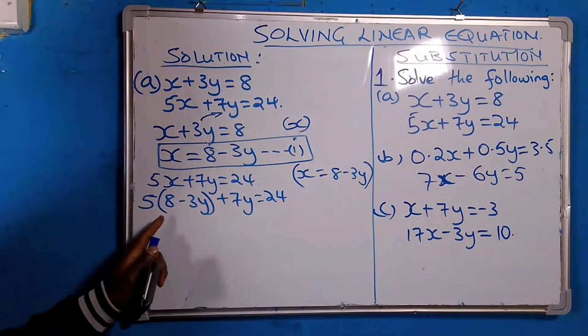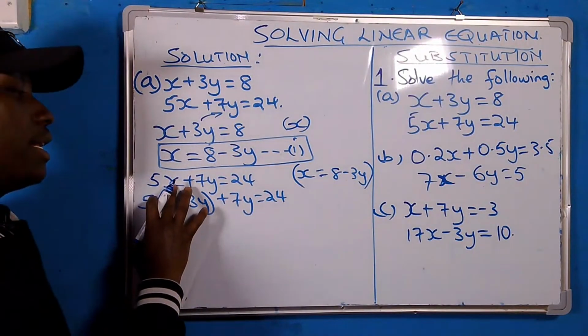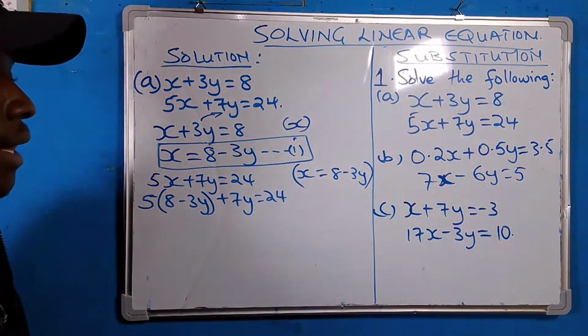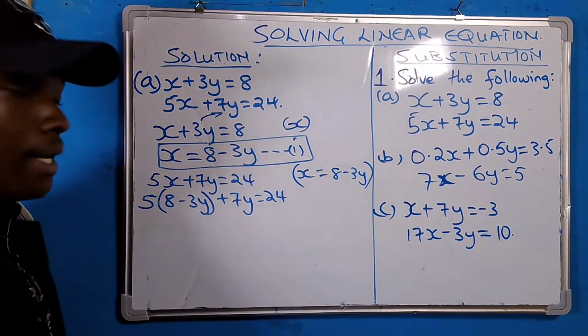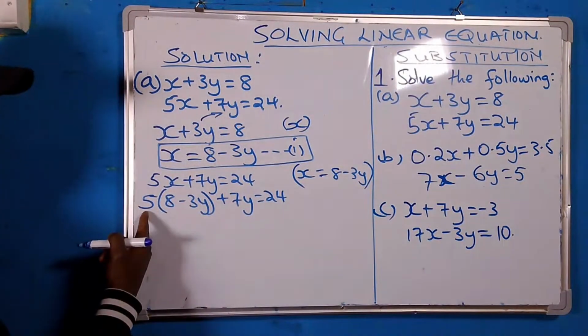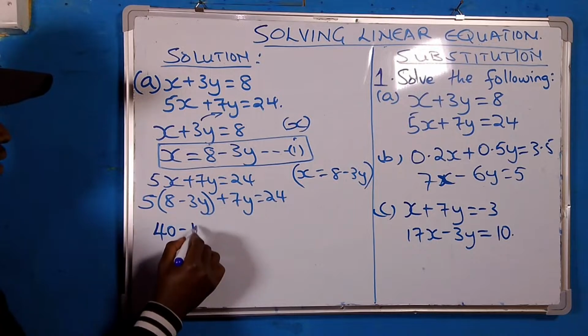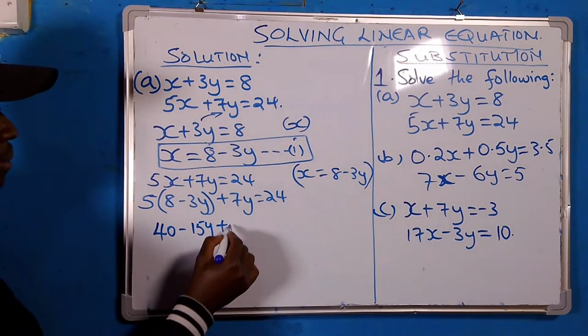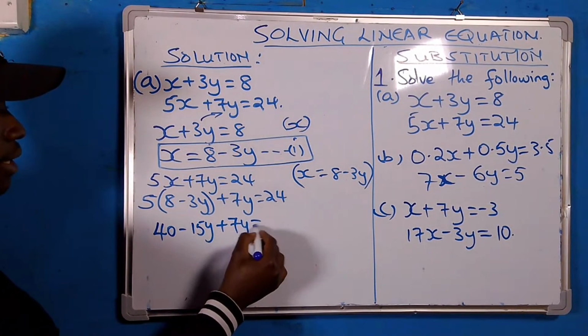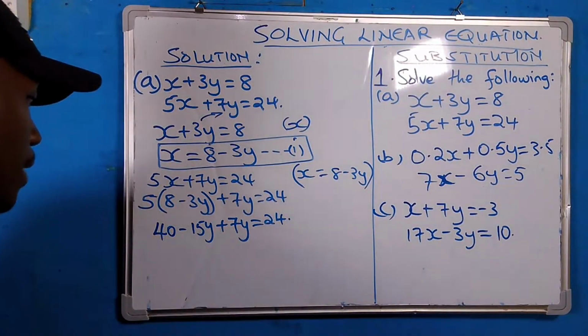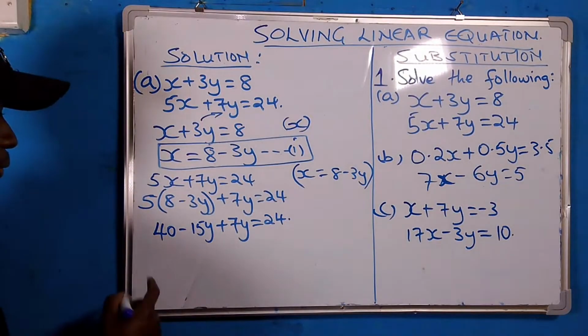So we have substituted the value of x here, with this 8 minus 3y. That is where the concept of substitution comes in. We will now take 5 times 8, which is 40, minus 5 times 3, which is 15y, plus 7y is equal to 24. Having that, we can now put the like terms together.